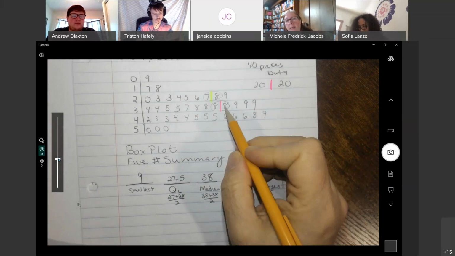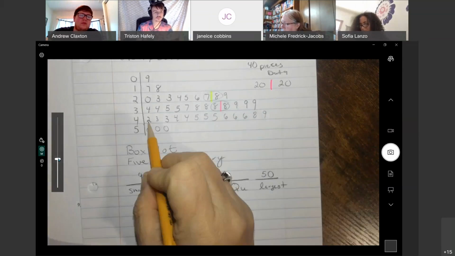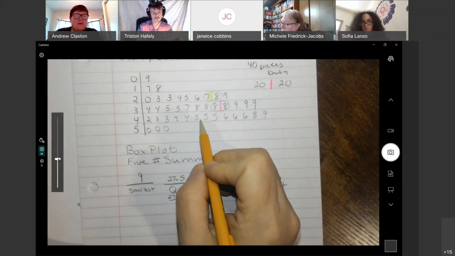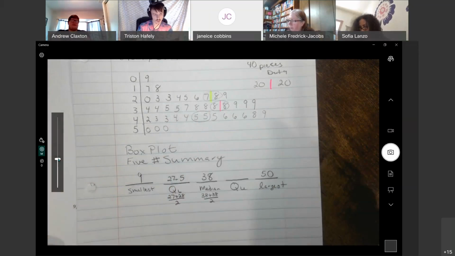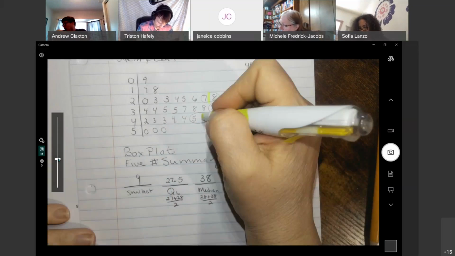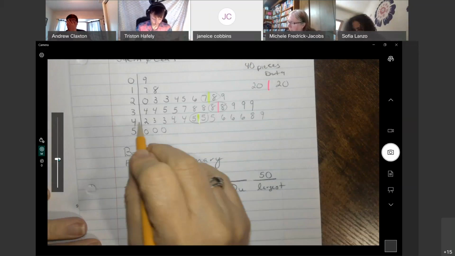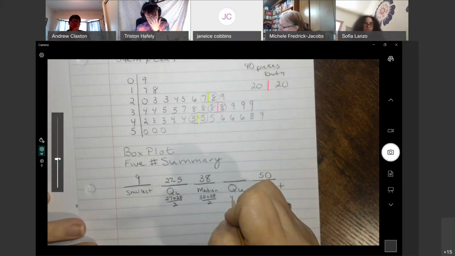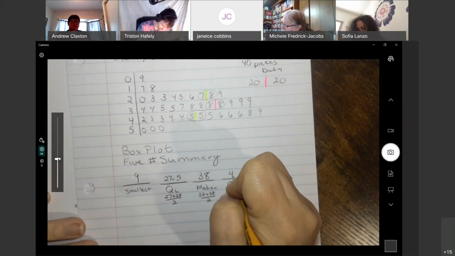So we'll count 10 from here. 1, 2, 3, 4, 5, 6, 7, 8, 9, 10. So this is the 10th and the 11th. So it's going to be in between here. Which is the 45s. So it's 45 plus 45 over 2, which is still 45.